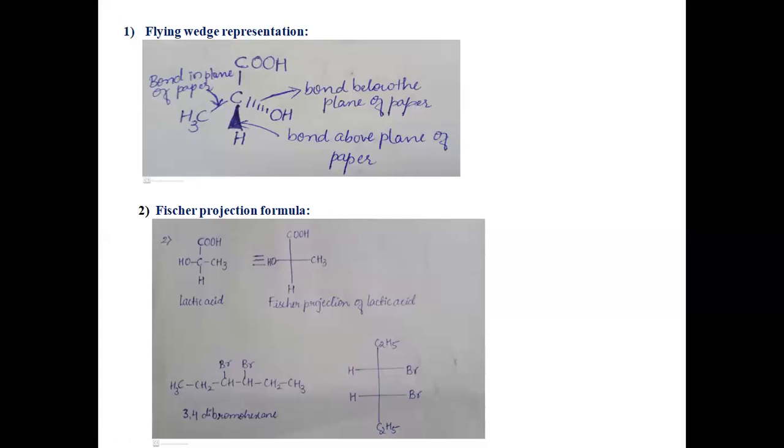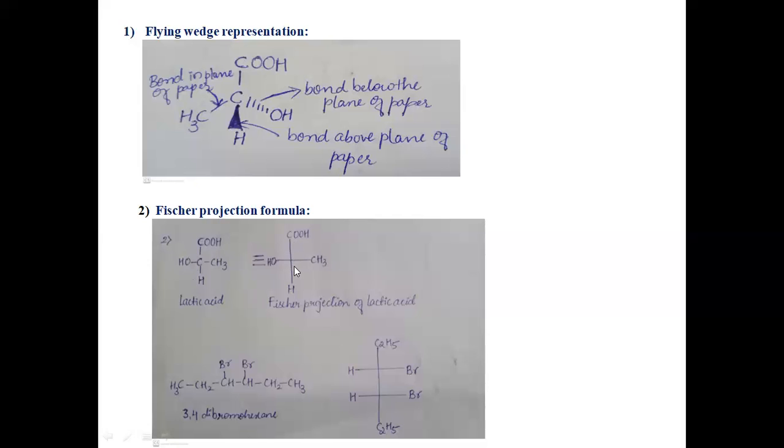And the four bonds, see here, carbon is bonded to four groups. There are four bonds to the carbon atom. Those four bonds are represented by vertical and horizontal lines. See here, this chiral carbon atom has two vertical bonds, bonded to the COOH group and the hydrogen atom. So at this point of intersection we have the chiral carbon atom.